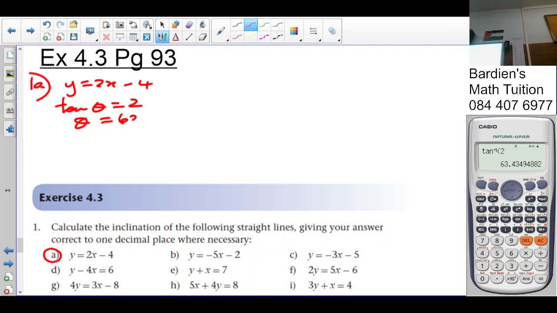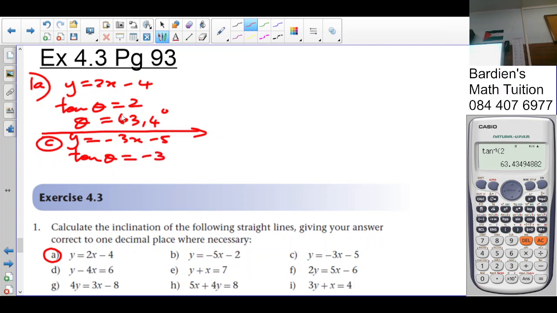So 63, let's look at B, not BC. Doing every second sum. So we've got y is equal to negative 3x minus 1. As you can see here, we have a gradient of negative 3. So we say tan of theta is equal to negative 3.